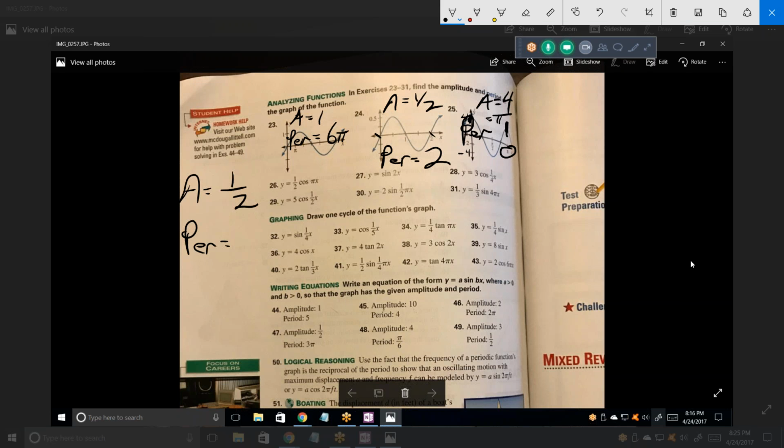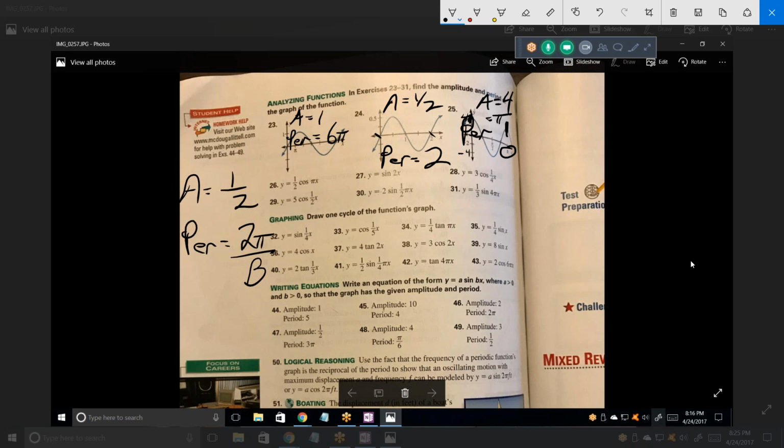All right. What's next? 26. Instructions are the same. What's the amplitude? So the amplitude would be 1/2. What's the period? Pi. No. Period is 2 pi over B. This time we know what B is.